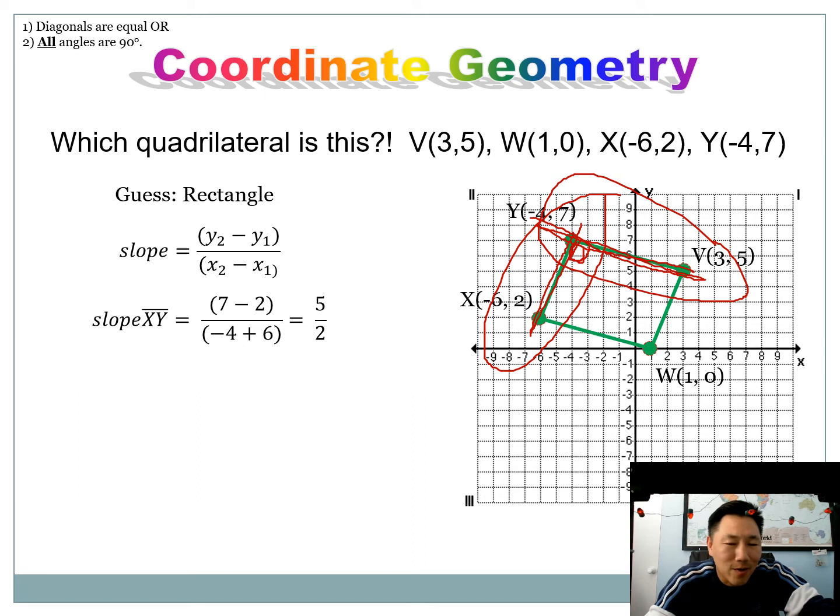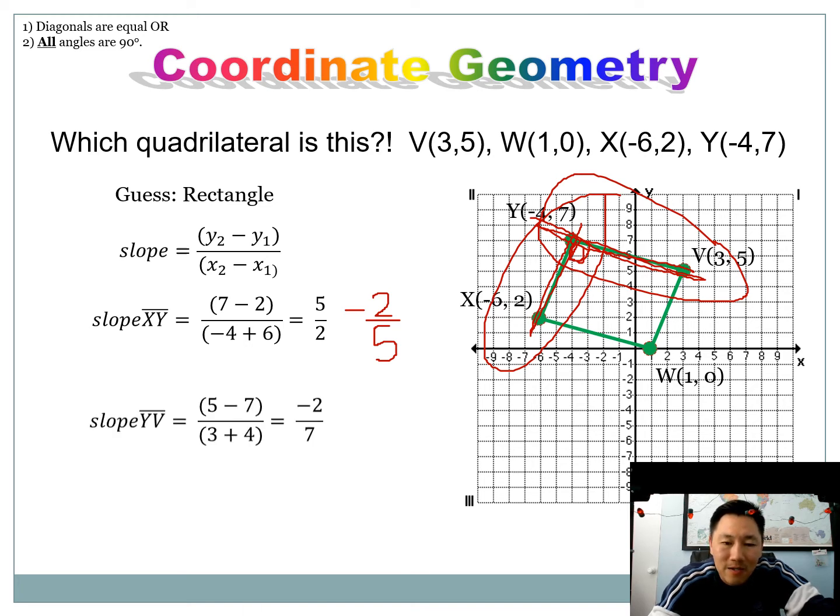I don't know if you guys remember that from Algebra 1, but if these two make 90 degrees, then the slope for YV has to be negative 2 over 5. You just flip the fraction and then change the sign, the negative reciprocal.